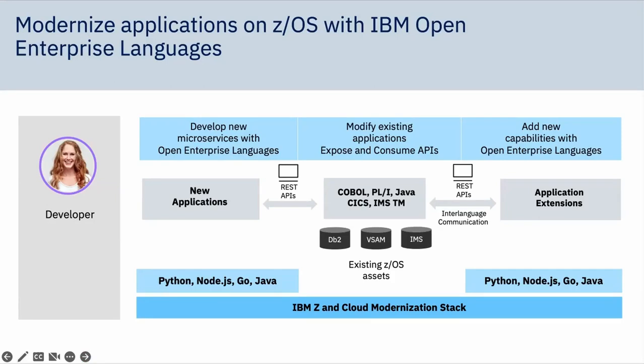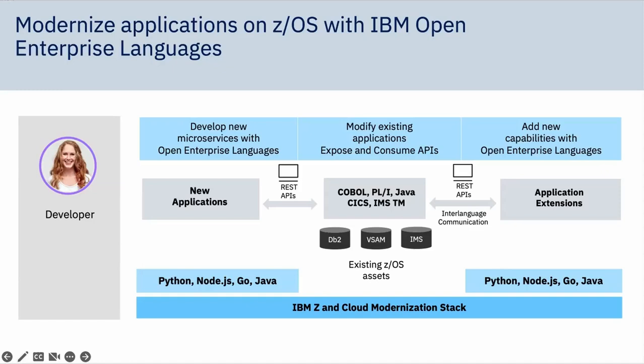Java is new, but not so new, because Java is 25 years old on the platform already. They use CICS and IMS, and then they use VSAM and DB2 databases or IMS databases. This is mostly what an application looks like, right?